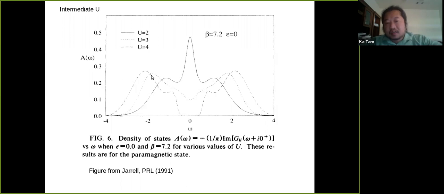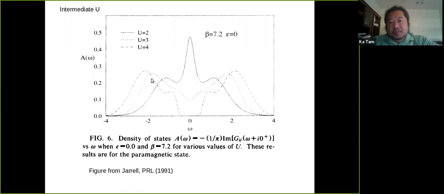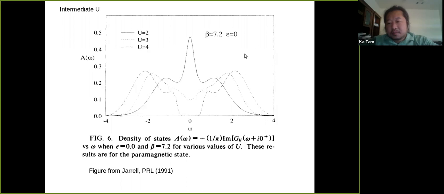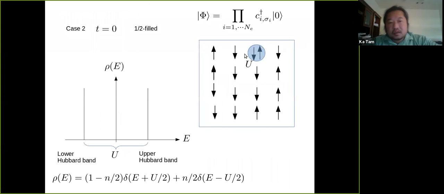Sometimes you call them satellite bands or Hubbard side bands. When you crank up the interaction higher and higher, the peaks at the sides become higher and higher. So it basically interpolates between the situation for U equals 0, which is what you see in this figure, and the situation for T equals 0 in this figure.